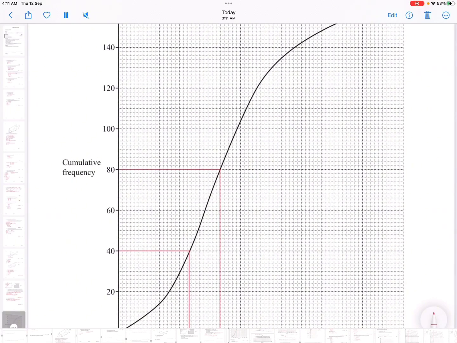From 50, you have to go towards this curve and then across to the y-axis and read this value. This is 140.